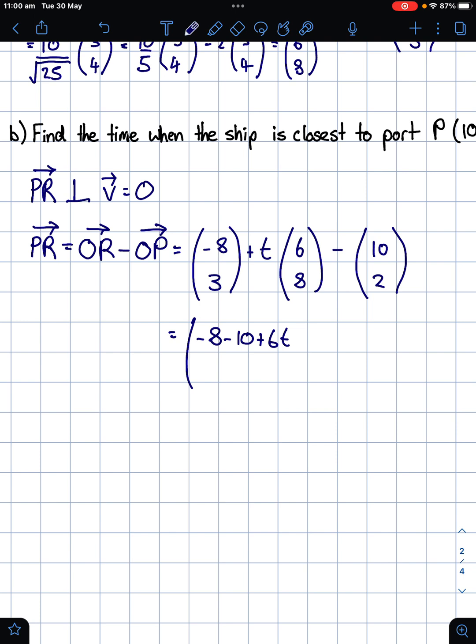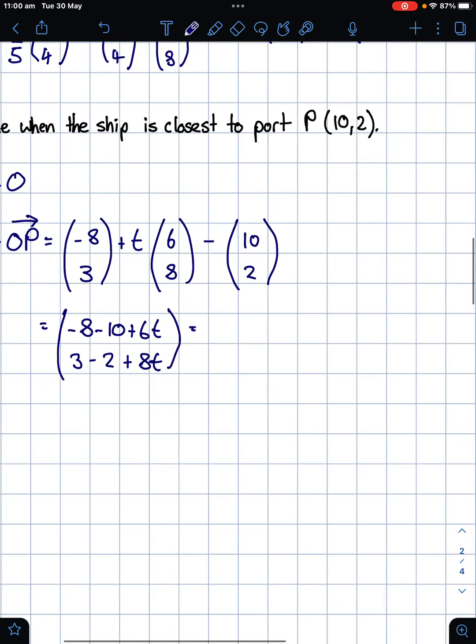And so the next one is 3 take 2 plus 8t. Okay, this is all going to simplify down to -18 plus 6t. Okay, and then we've got this other side is 1 plus 8t.